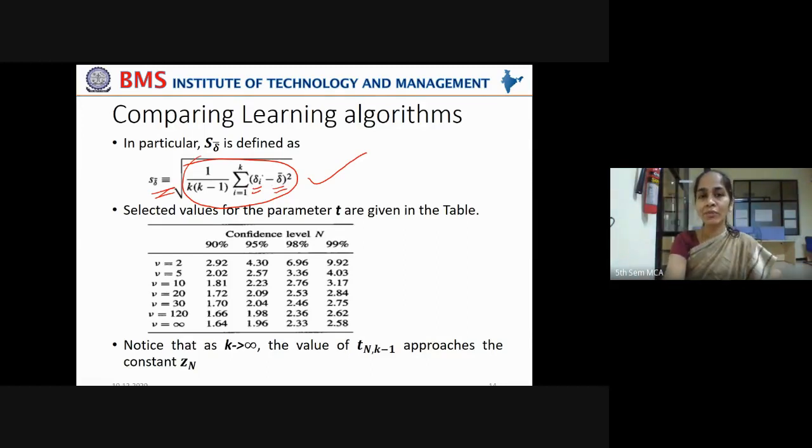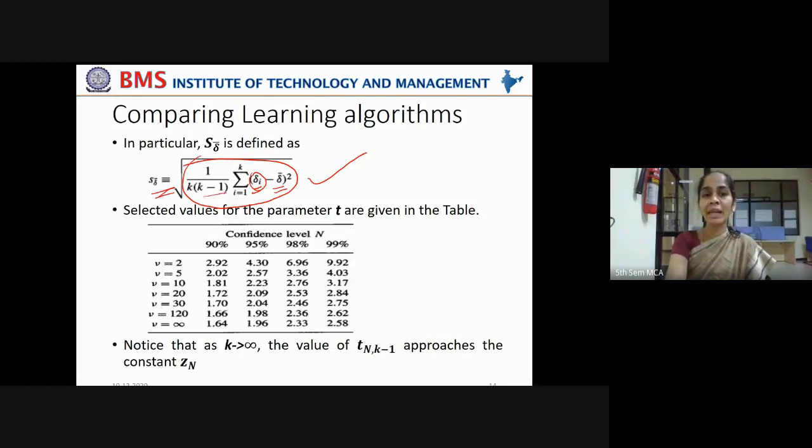Now, the deviation of each partition's error from this delta bar, whole squared, across all the partitions i equal to 1 to k, you will get the variance, right? Multiplied by 1 by k into (k minus 1). That is the averaging. You are averaging across all the partitions.